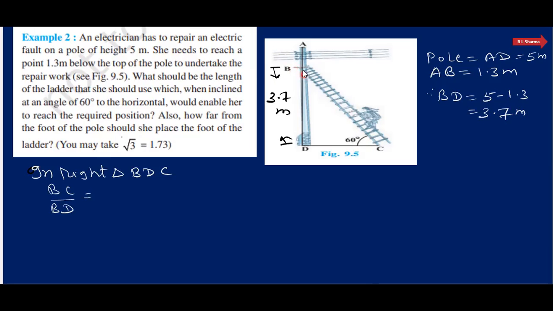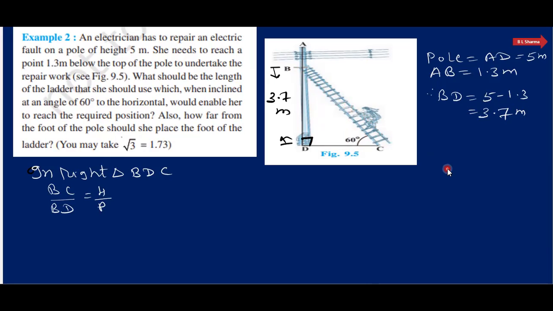This is BC. BC is the hypotenuse because it is opposite to the right angle. This angle is 90 degree. So that is the hypotenuse. And BD is perpendicular. For this acute angle 60 degree, BD is perpendicular and BC is hypotenuse.